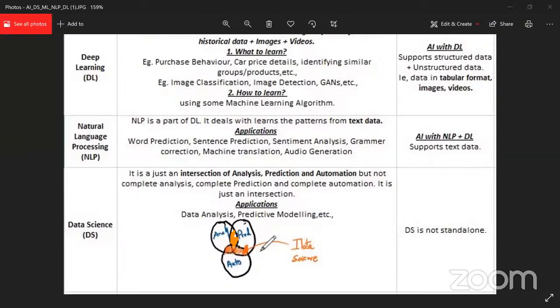If I'm saying data science is all about data analysis, no. With data analysis, you're trying to understand your data, pulling out a lot of insights from the data, maybe slight forecasting. If it is sales data, maybe you might have learned about the sample store data in your Tableau or Power BI sessions.